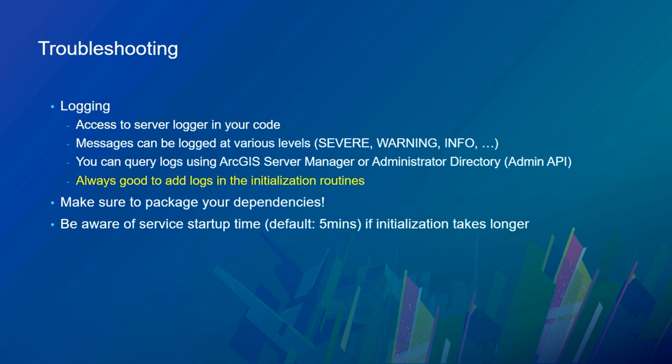And the best part about extensions and interceptors is whatever logs you generate go into the server logs and can be queried by Server Manager and the admin API. So it's not like you need an altogether new logging system to do this. So it's easy, use it.